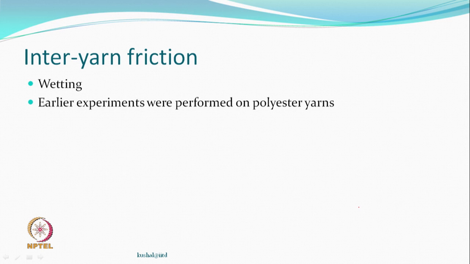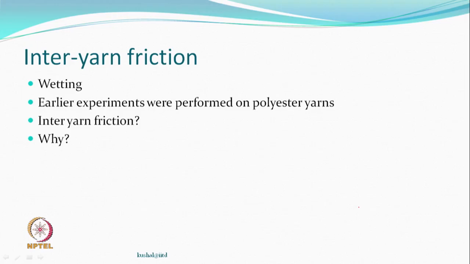All this work was done on polyester yarn which was air jet texturized. And what did you observe? They measured the inter-yarn friction. So, there was some understanding that inter-yarn friction would play some role in wetting.